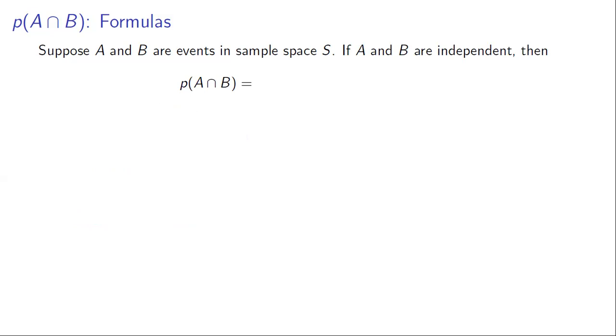Then we can do the probability of A intersected with B. Well, the formula we just found is the probability of A times the probability of B given A. But since A and B are independent, we can simplify this further, because the probability of B given A is just the same thing as the probability of B. So this simplifies to the probability of A times the probability of B. Okay, so if A and B are independent, then the probability of A intersected with B is equal to the probability of A times the probability of B.